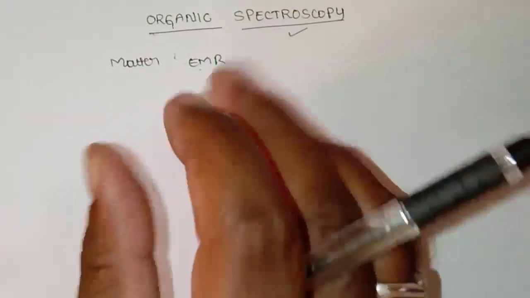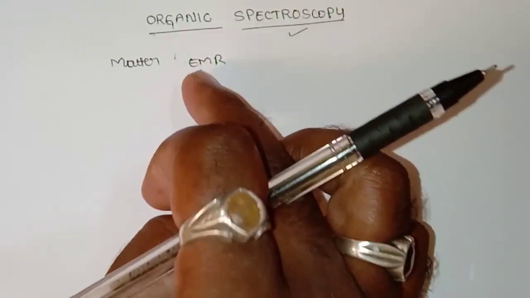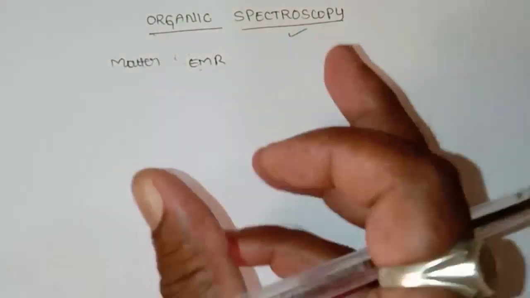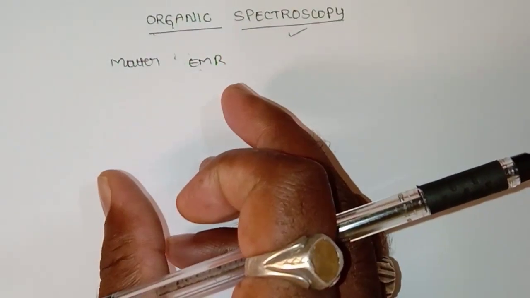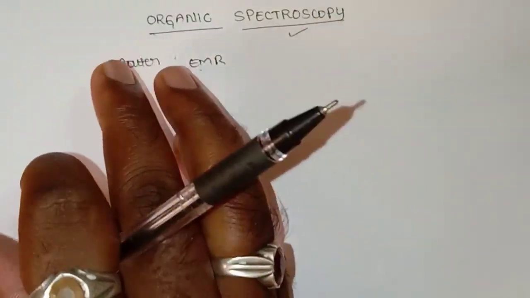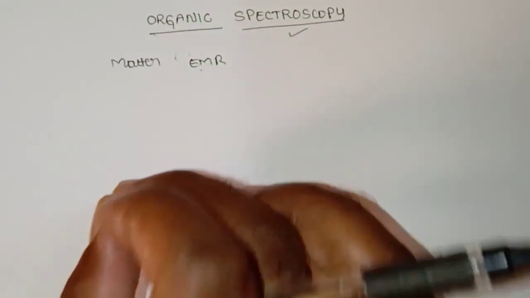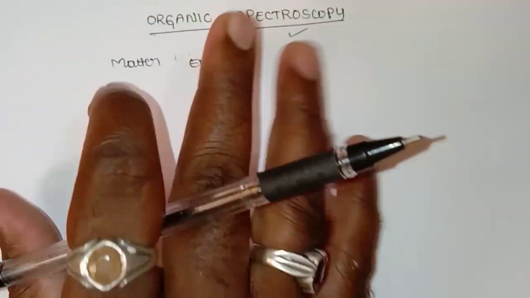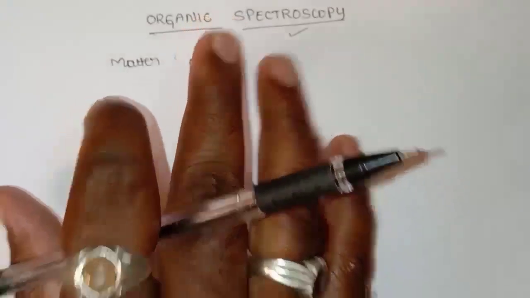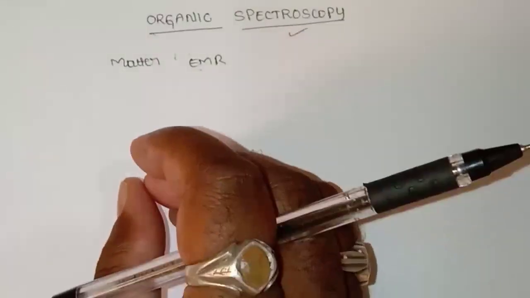And by measuring the radiation emitted by the material upon exposure to electromagnetic radiation and recording the absorption wavelength of the material, the changes in vibrational energy of the molecule, the changes in rotational energy of the molecule, it is possible to elucidate the exact molecular structure of the compound. And that's why the spectroscopic technique is very useful and very helpful in determining molecular structure just by using a suitable instrumental technique.